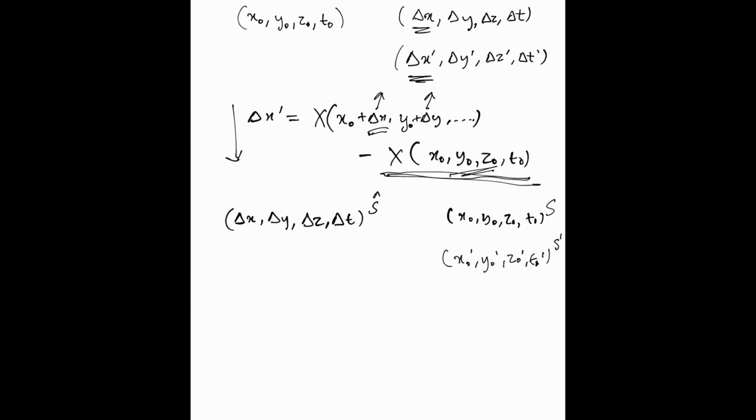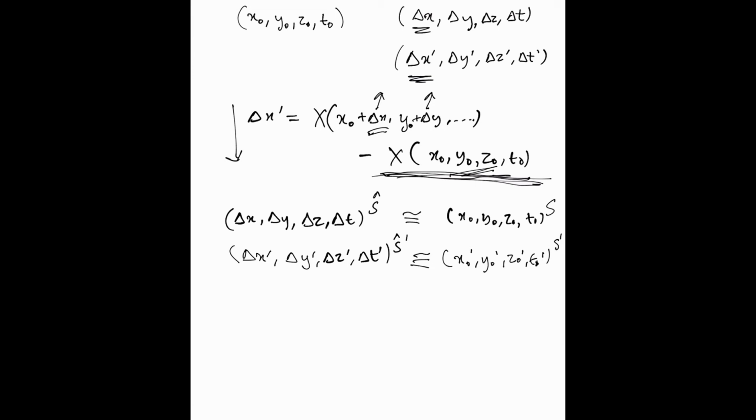Now corresponding to that, I will take this delta x dash, delta y dash, delta z dash, delta t dash, and call this system of coordinates S hat dash. Now S hat dash is identical to S dash, except it's shifted. It's just a shifted origin. It's not moving. It's stationary with respect to S dash, but it's shifted. Now, I'll just use rough terminology to say they're equivalent.